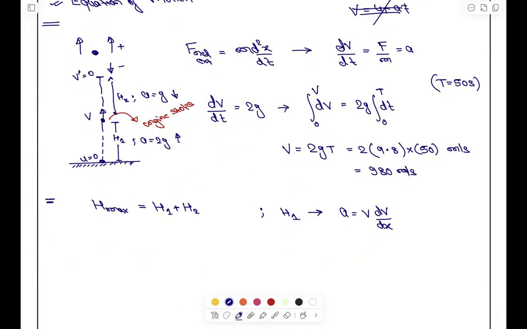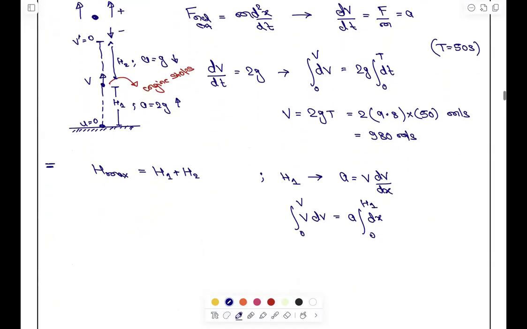Now if you put it in the first case, h1, it will be integration of v dv from 0 to v, equals a into dx, from 0 to h1, right? If you calculate here, you will get the value of h1.